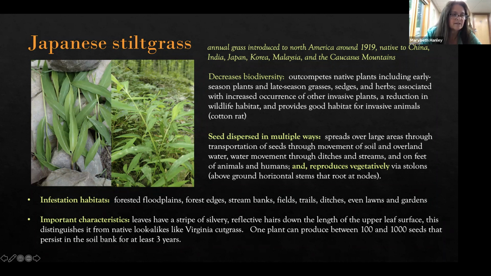That's very distinctive for this species, and it doesn't occur in the other species. I was doing a little homework on it, and apparently one plant can produce between 100 and 1,000 seeds that can persist in the soil bank for at least 3 years.